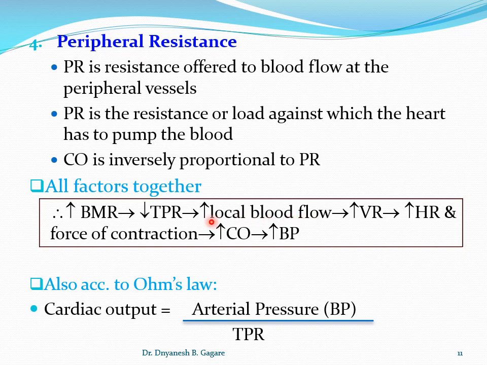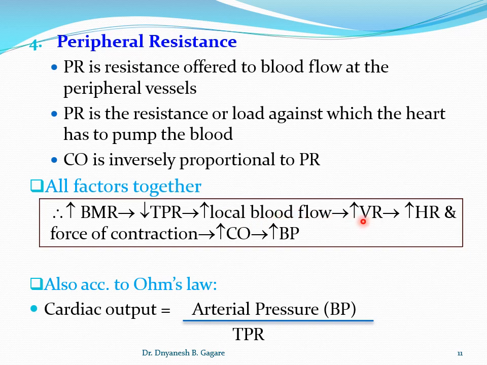Okay, and if the local blood flow is increased, there is an increase in venous return, because one definition of venous return is that the sum of all local blood flow from the organs or the periphery is collected and returned towards the heart, and this is called the venous return. So an increase in local blood flow means an increase in venous return.